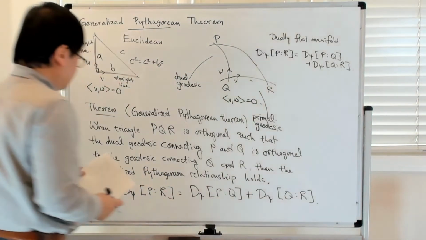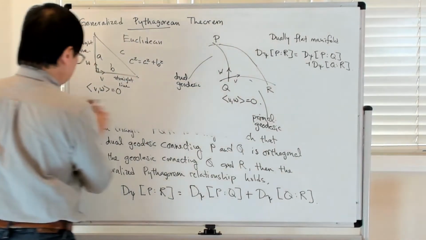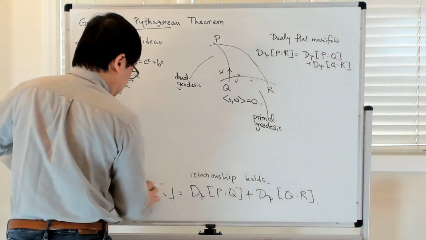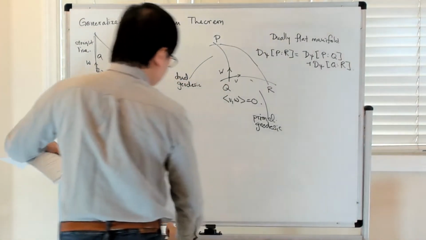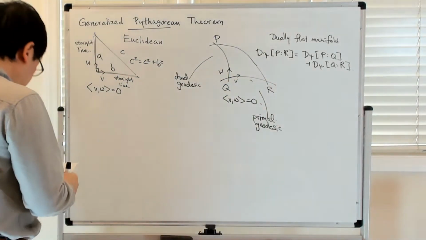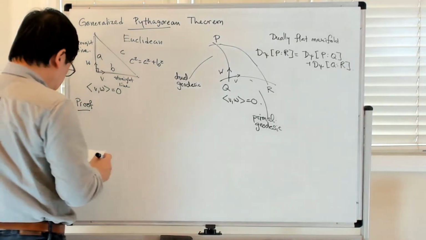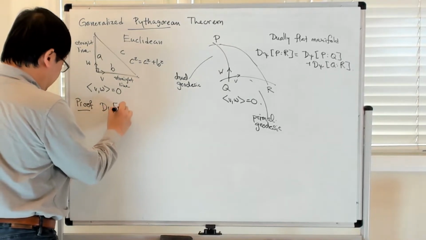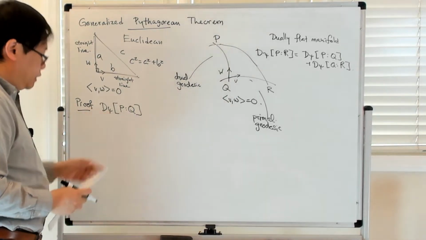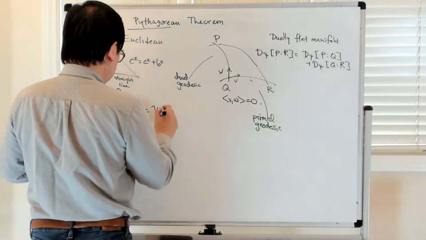So let's try to prove this result. I'm erasing the statement of the theorem, but it's all encoded in this picture and this condition. Okay, so let's prove this. I'm going to write down the expression for the divergence between P and Q in terms of the Bregman divergence.